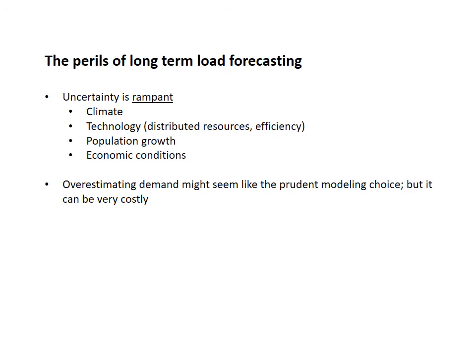So the other thing I want to talk about besides weather, we talked about the main incorporation of uncertainty in load forecasting is weather. I also mentioned that there are other sources of uncertainty too. Climate's a really, really big one when you're thinking about what electricity demand is going to be like in the future.